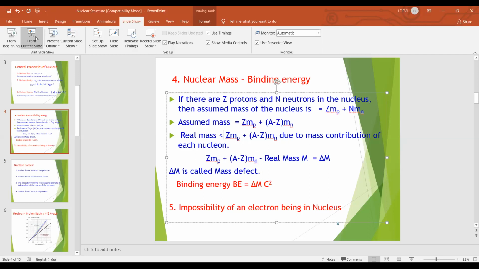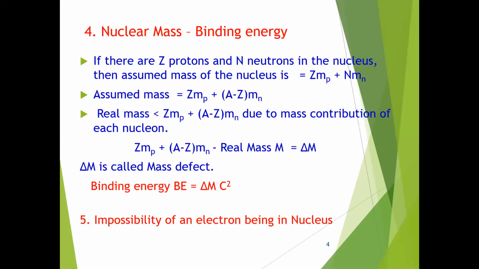This mass defect, delta M, is the difference between the calculated mass of the nucleus and the real mass of the nucleus. So delta M is responsible for the binding energy. The binding energy is delta BE equal to delta M c squared.